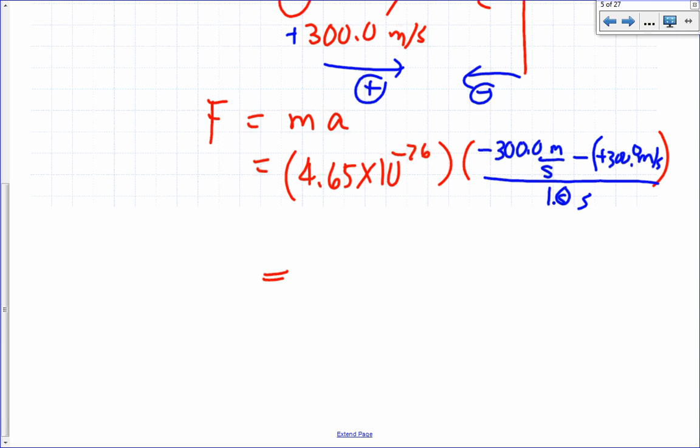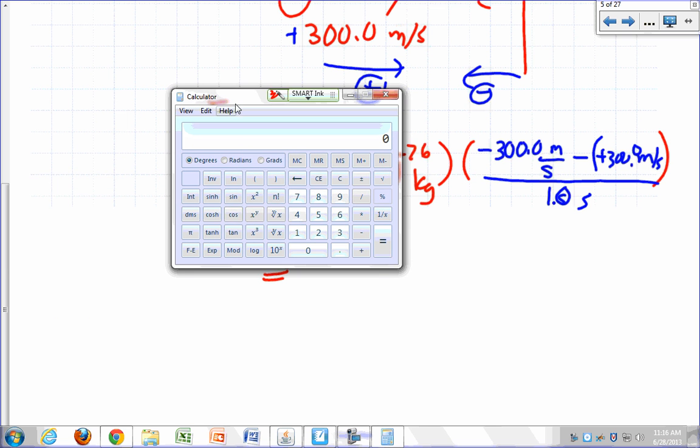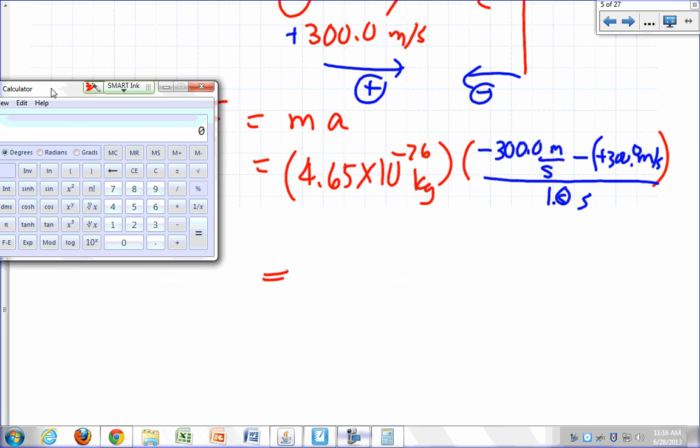So the force would be 4.65 times 10 to the negative 26 kilograms times the change in velocity.